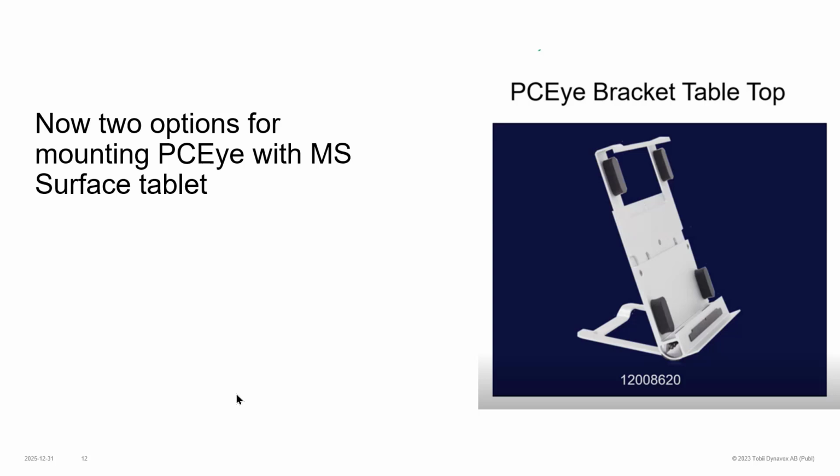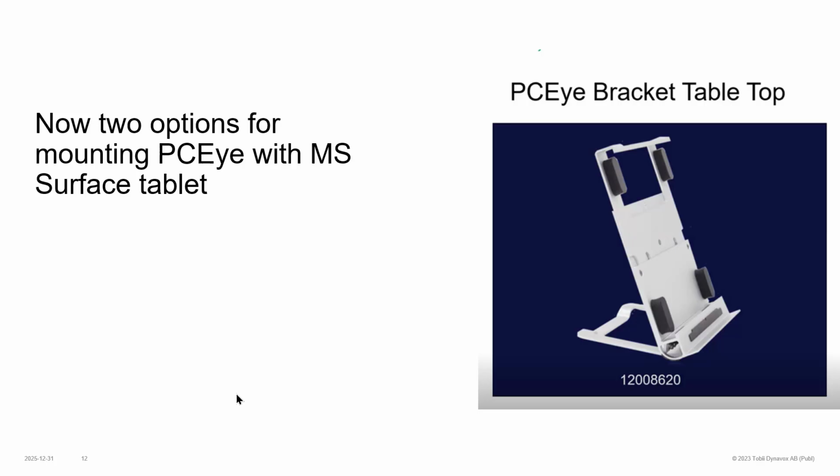We're also happy to tell you that we now have two options for mounting the PCEye with the Microsoft Surface tablet. This is the traditional PCEye bracket that you will have come across before. As the new models of Surface, I think from version 9, came out and they had the sort of curved sides to them, we needed to have a different bracket that was effectively better for mounted solutions, maybe on a table, a desk stand or a floor mount or even a wheelchair bracket.